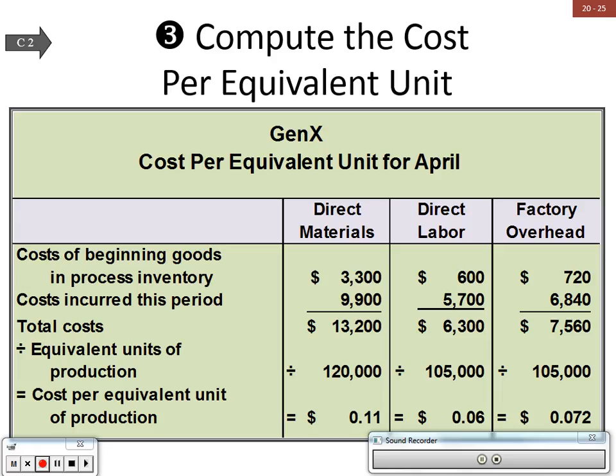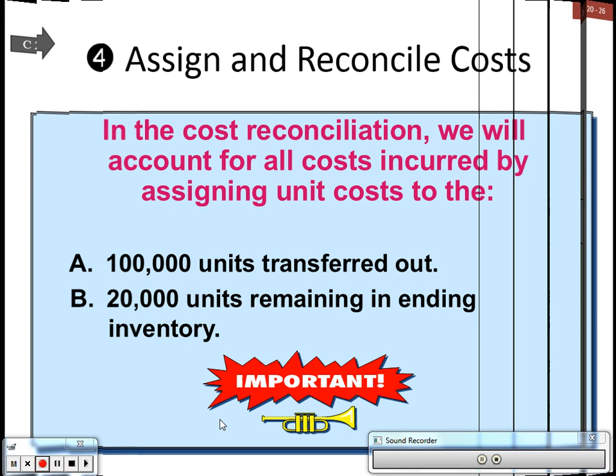So this is why their equivalent units are the same for both direct labor and factory overhead. Cost per equivalent unit, they're just doing that equation that you saw earlier. 13,200 divided by 120,000 units to give us 11 cents for direct materials, 6 cents for direct labor, and 72 cents for factory overhead.